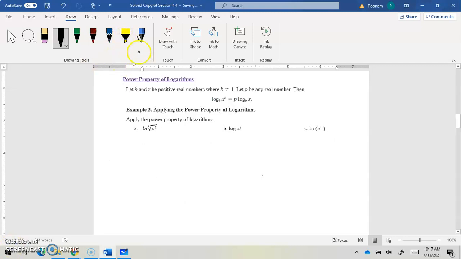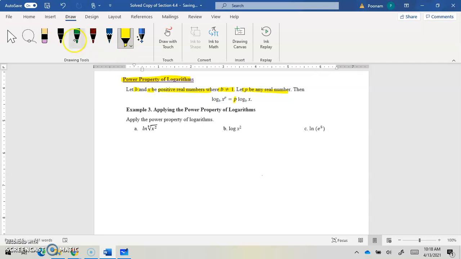Next property we are doing is the power property of logarithms. If b and x are positive real numbers, b is not equal to 1 and p is any real number, then log of x raised to power p with the base b, the power comes up front.